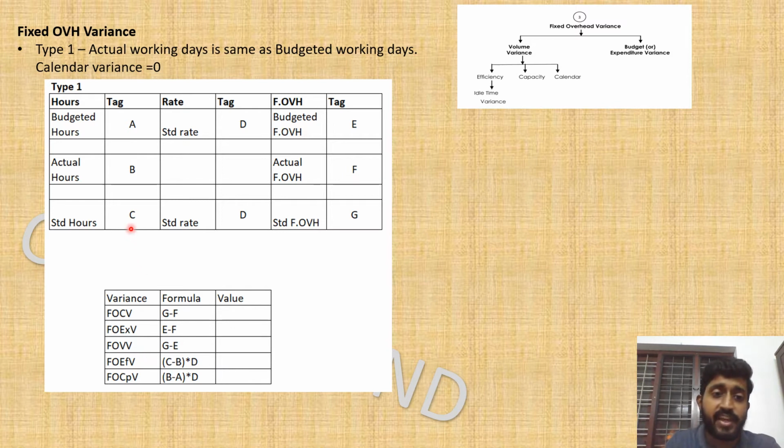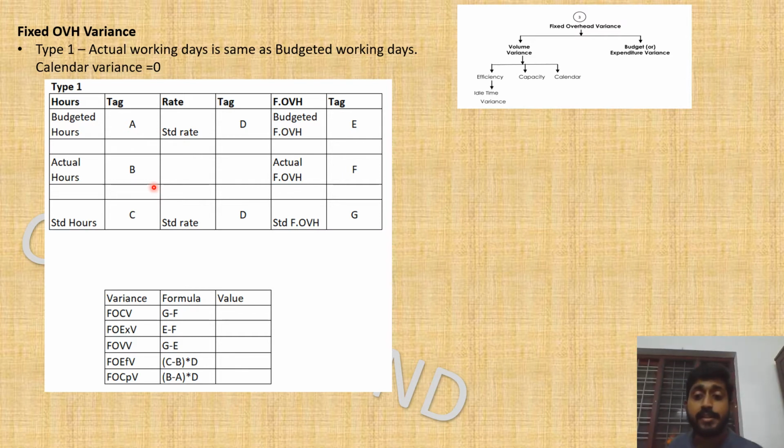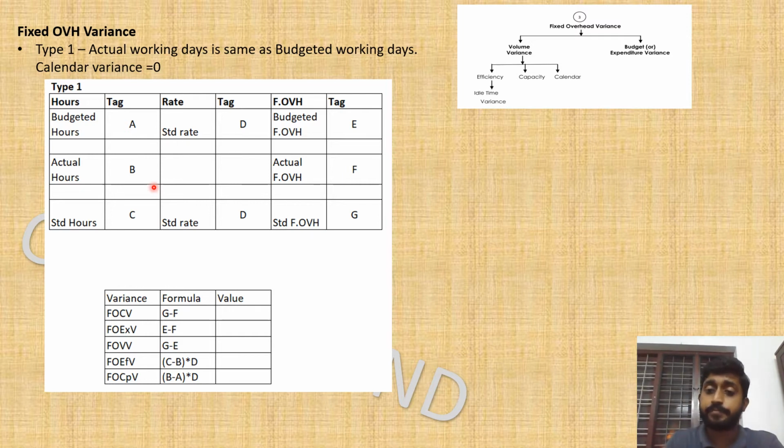So efficiency variance is between C and B. And what is the capacity variance? Capacity variance is between B and A. What is the actual and what is the budget? As per budget, what is the capacity, that we all know as finance people, and as per actual, this much is the capacity. Because of the hours difference, this is the capacity level variance. So capacity variance is between B and A.